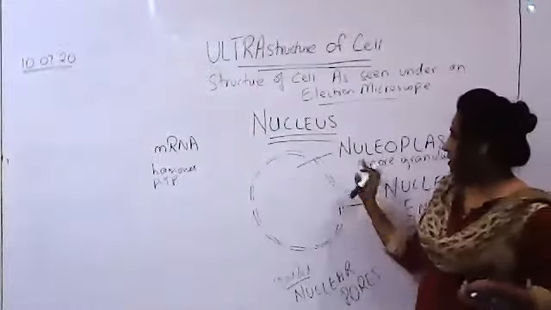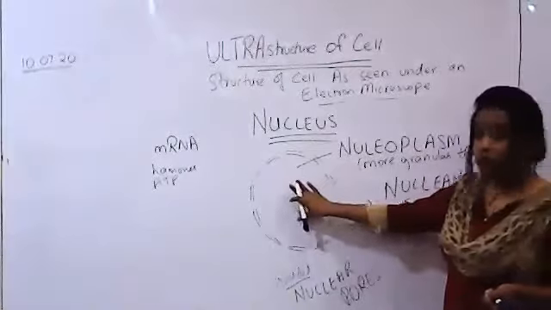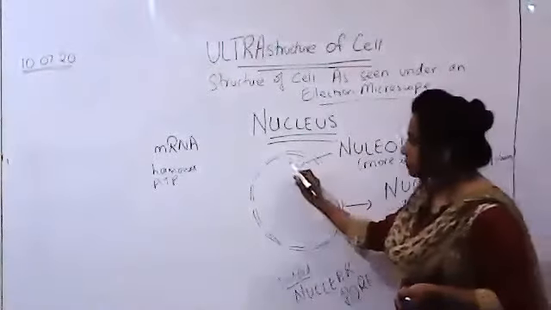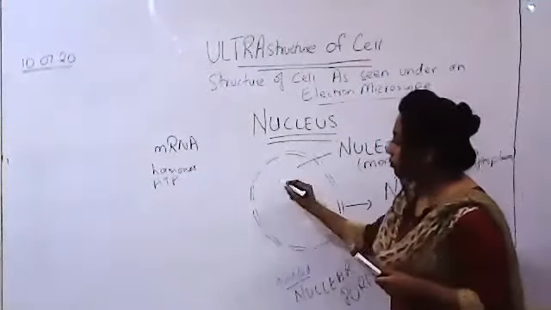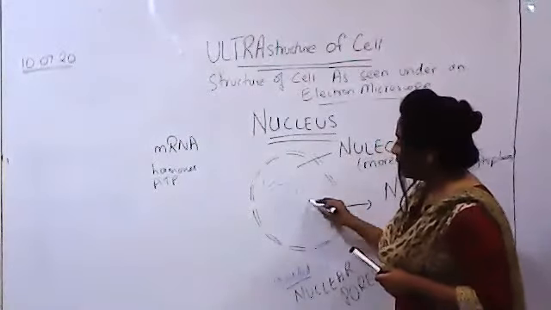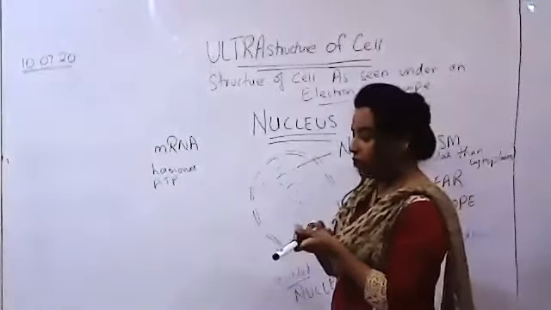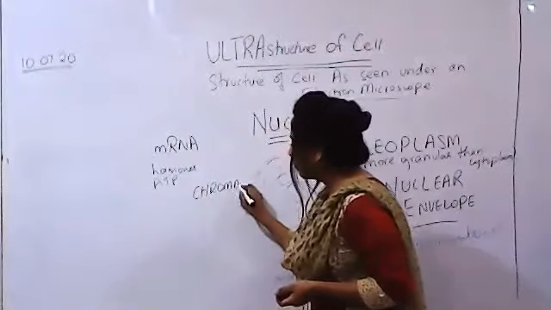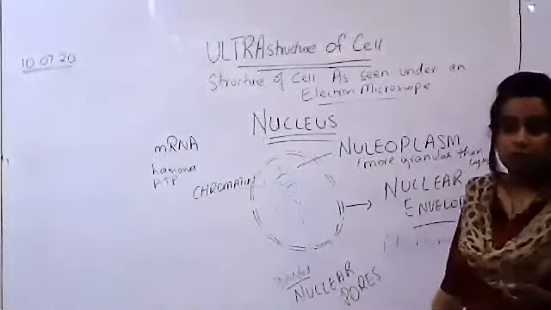Now, what else does the nucleoplasm contain? Inside the nucleus, it's filled with the nucleoplasm. I've told you this already, right? There are thread-like structures known as chromatin. The nucleus is filled with thread-like structure known as chromatin. So there is chromatin thread that is present inside the nucleus, right?